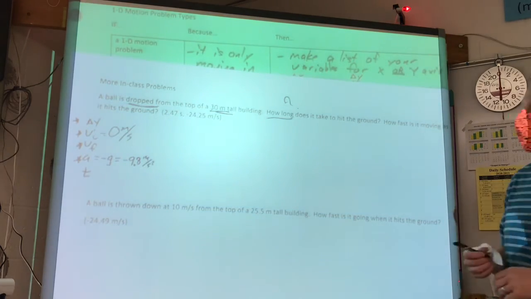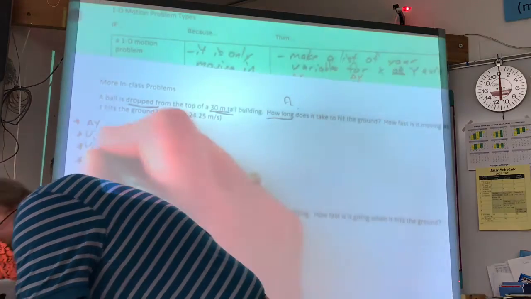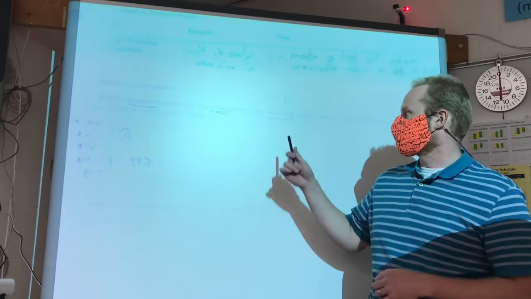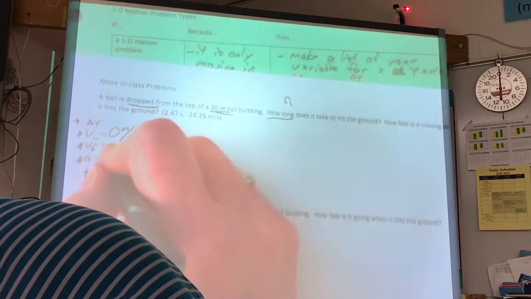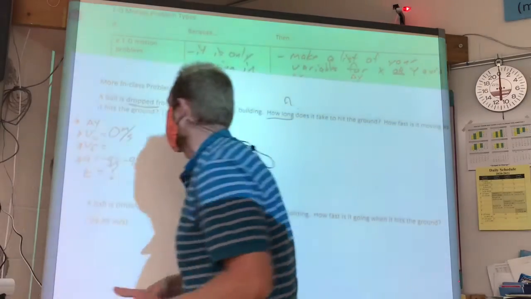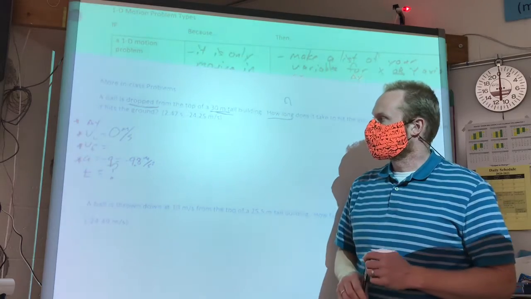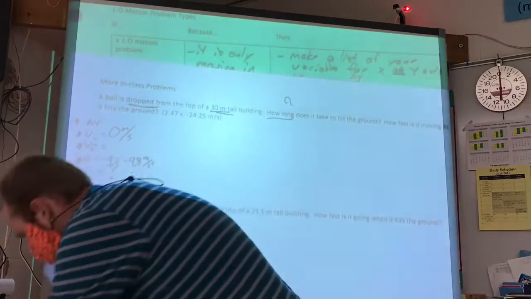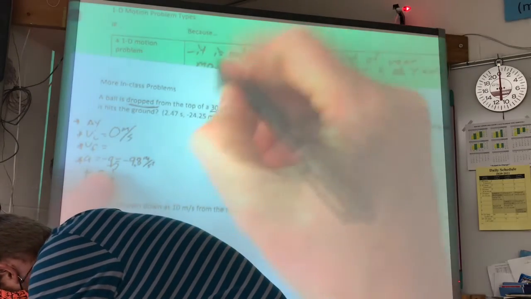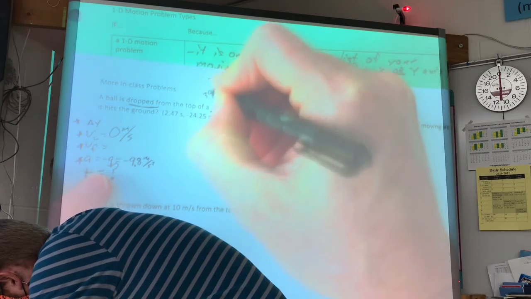So the question is, how long does it take? So we're solving for final velocity, or we're solving for time if it says how long. We're going to solve for time. It's going to be dropped 30 meters from a 30-meter tall building. I would encourage pictures. The building is 30 meters tall.